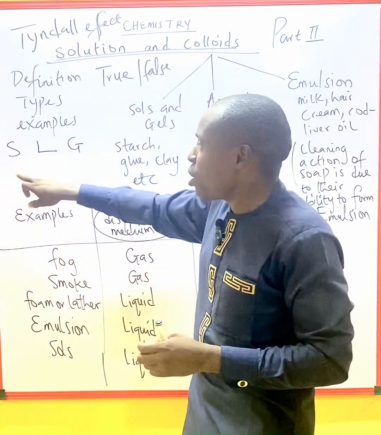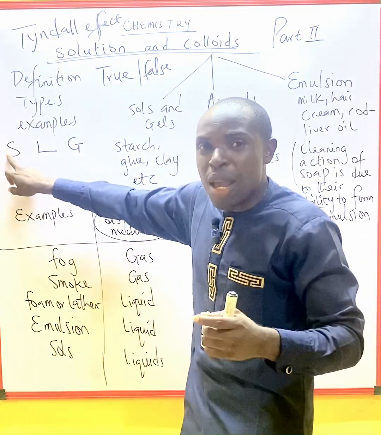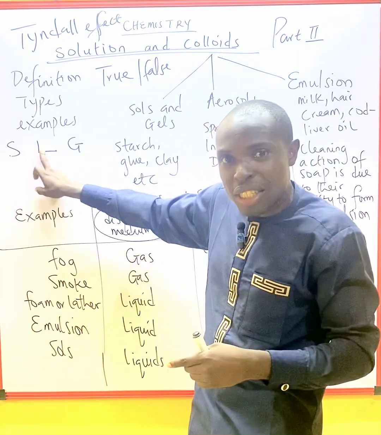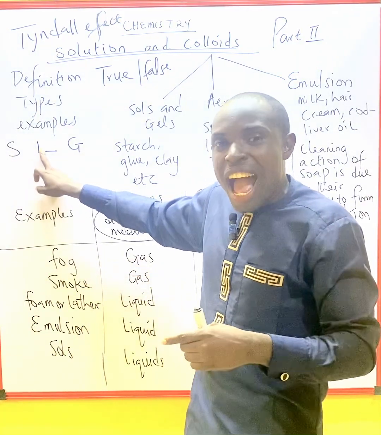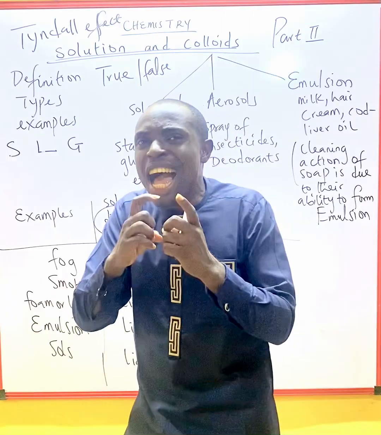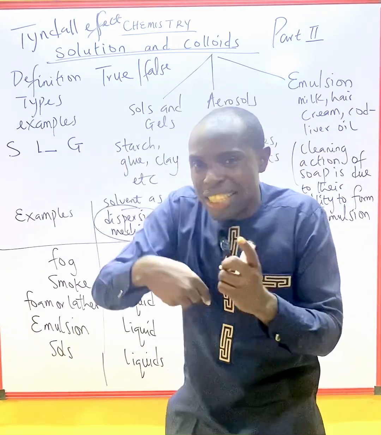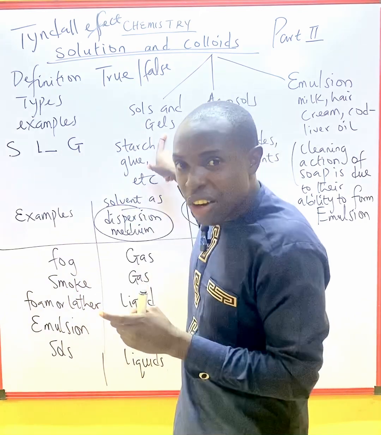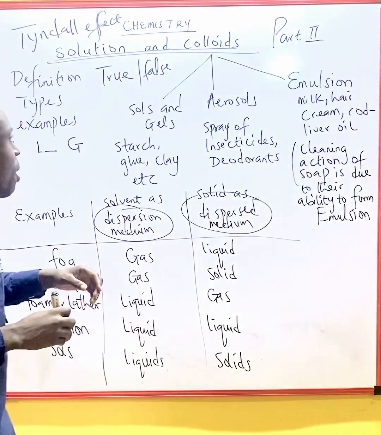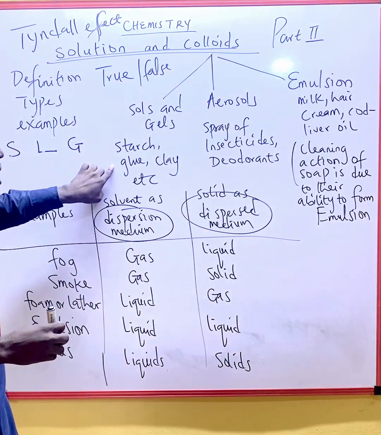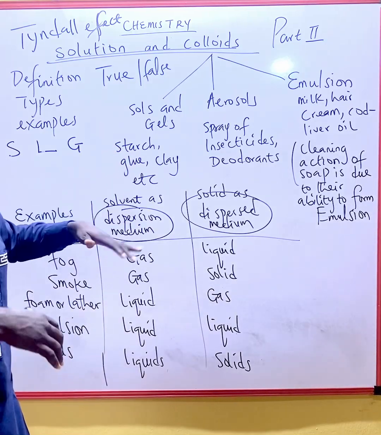So in the case of a sol, the solid is dispersed in the liquid. Is that clear? And when that sol solidifies, it gives birth to what we call a gel. Very good examples of them are starch, clay, glue, and jelly.